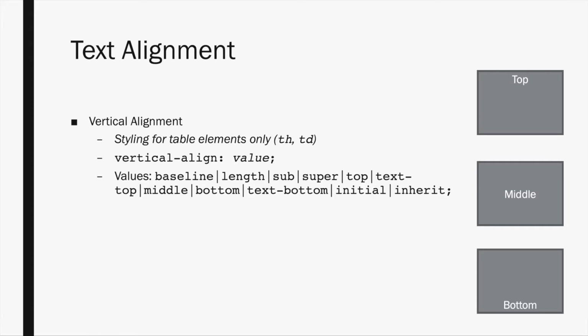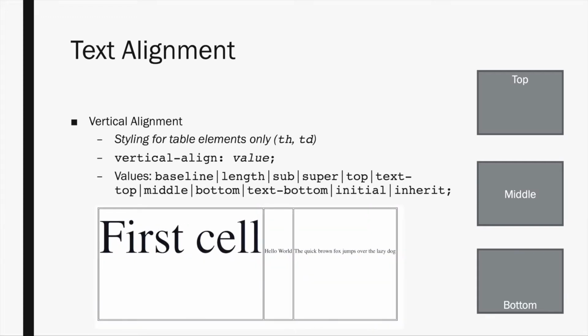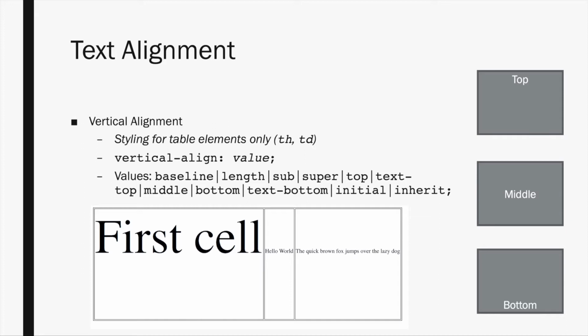However, chances are you don't know exactly what text top or text bottom is. So here's an example of text that is set to text bottom. You can see in the first cell we actually have some nice big text, but in the second and the third cell we have just standard size text.